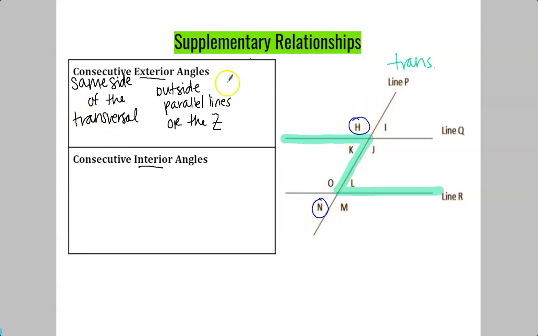So we could say that angle H plus angle N would equal 180 degrees. We could also use I and M, because again, they're on the same side of the transversal and on the exterior. So angle I plus angle M is equal to 180 degrees.